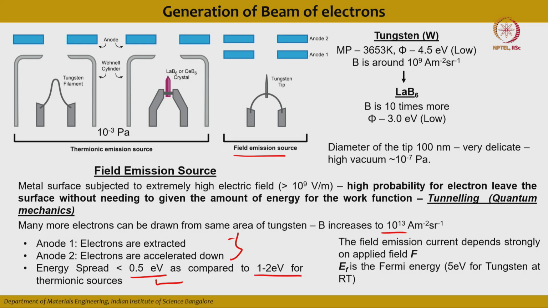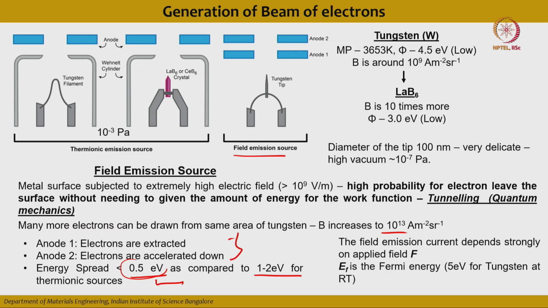This will have a direct consequence on the resolution of the electron microscope. Remember, we talked about the variation of lambda in optical microscopes with light. Here that lambda is directly related to your energy spread, correct. So here it is less than 0.5 electron volt.